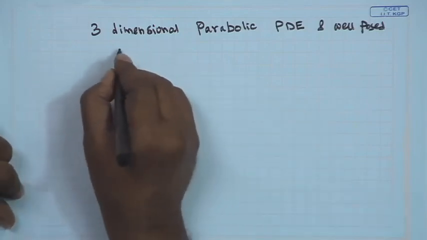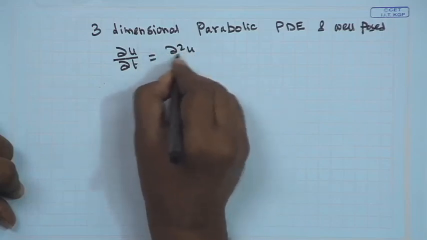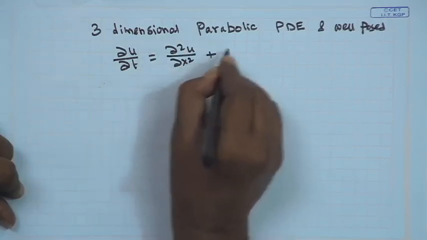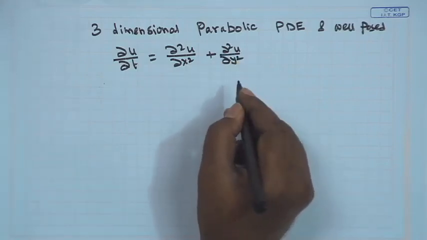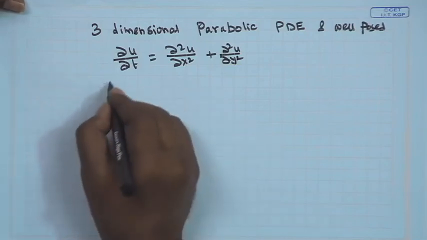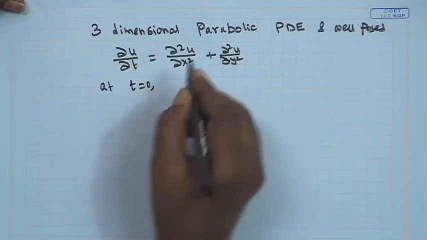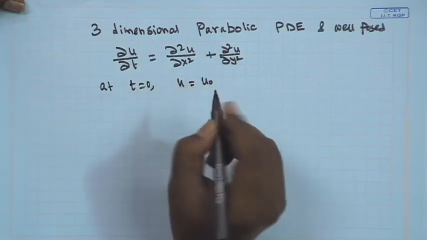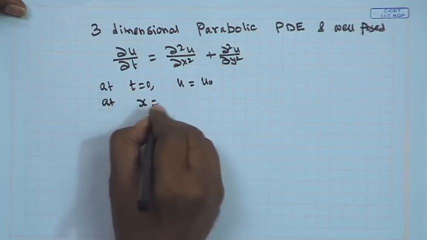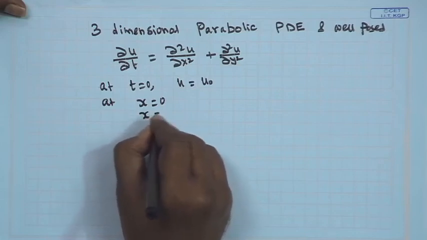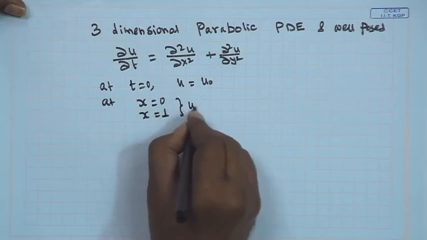So the governing equation will be like this: del u del t is equal to del square u del x square plus del square u del y square. We will be constructing the initial and boundary conditions. At t is equal to 0, we have u is equal to u naught, and on all 4 boundaries, located at x is equal to 0 and x is equal to 1, we have u is equal to 0.